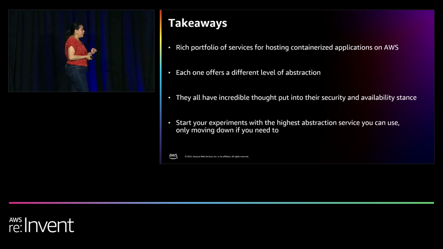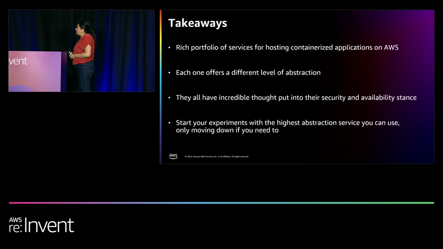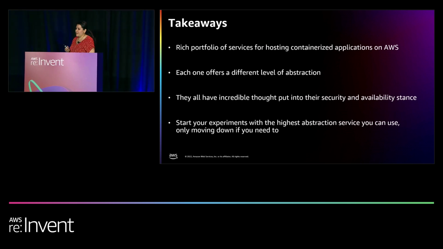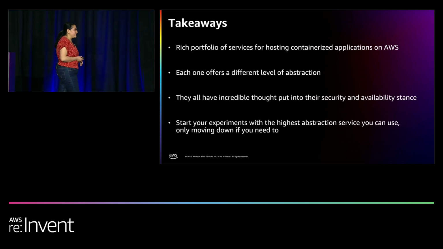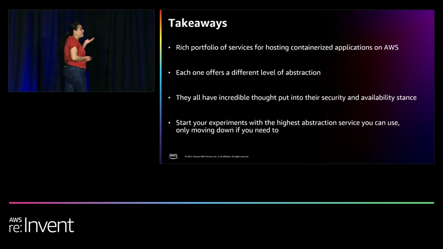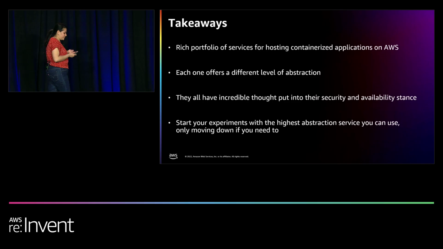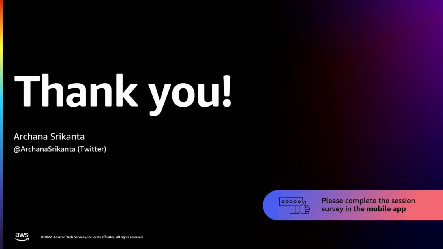And the lower down you go, you basically start owning the security and availability stance of those layers beneath you. And it's hard to put a dollar amount on that. So really take advantage of the value proposition of all the work that we do behind the scenes, and all the work that our teams do behind the scenes. And like I said, try to use the higher abstraction services as far as possible. That's all I had.